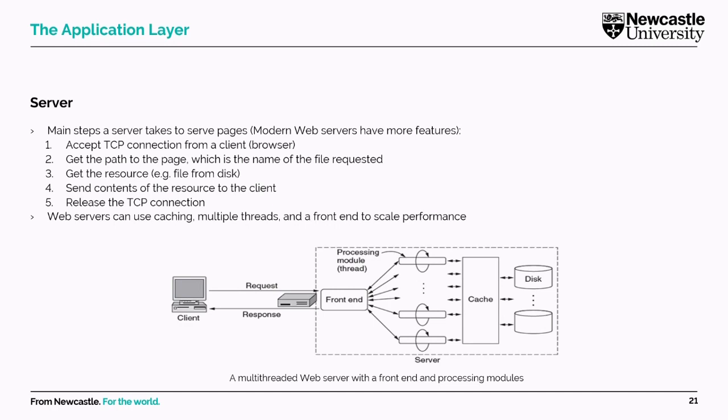Depending on how popular the website is, web servers might need to use a bunch of strategies to optimize this process and be able to handle hundreds of thousands, sometimes millions, of connections at the same time. So they'll use caching, multiple threads, and other approaches to scale performance. But that's not too important to know for the exam. It's mostly how things operate from the perspective of the client and server.